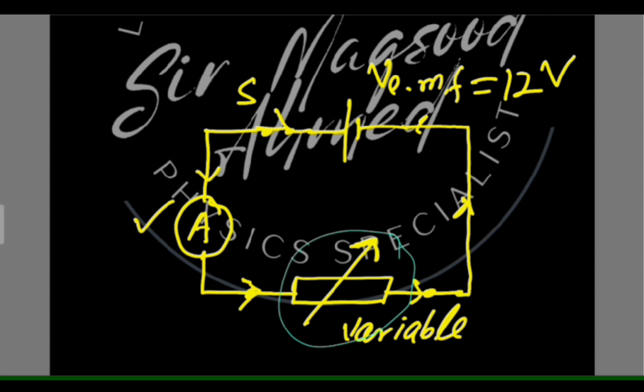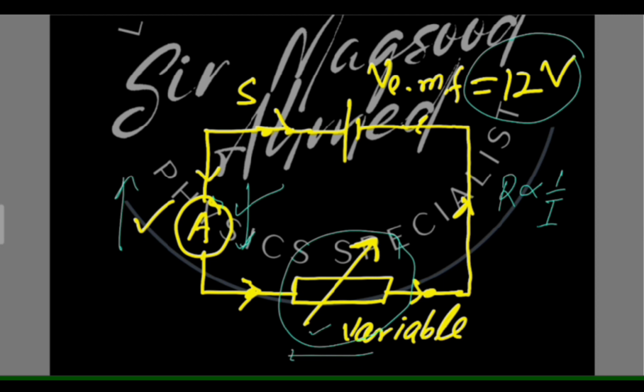This decreases the value of current in the circuit. So we can say that if the supply voltage is constant, resistance and current are inversely proportional. If we decrease the resistance of a variable resistor, we will see that the current shown by the ammeter will increase. So by varying the resistance in the circuit, we can control or change the amount of current in that circuit.